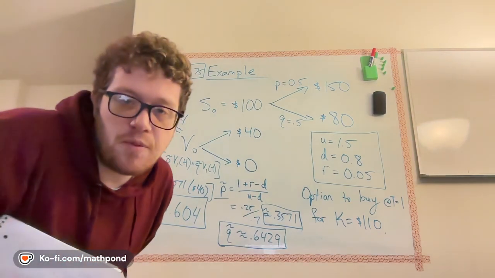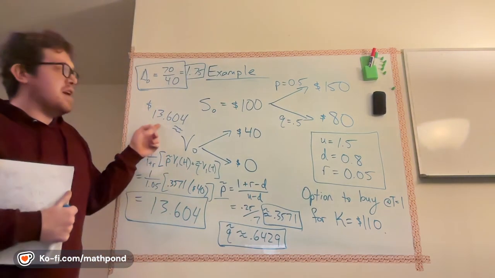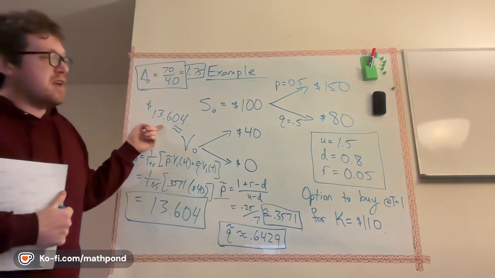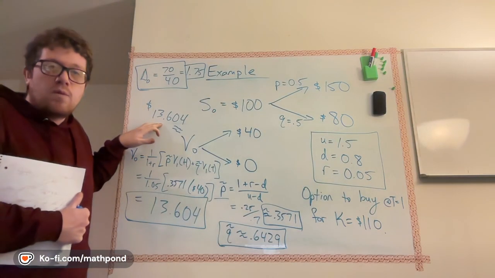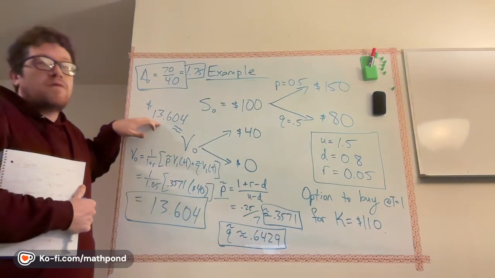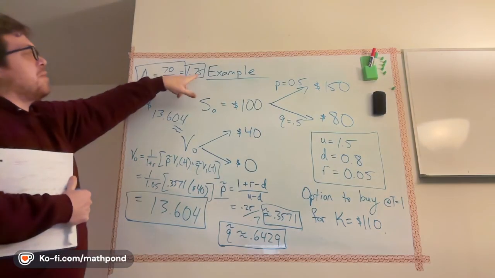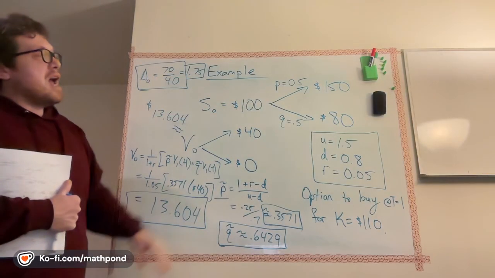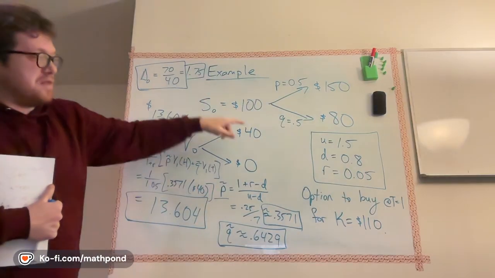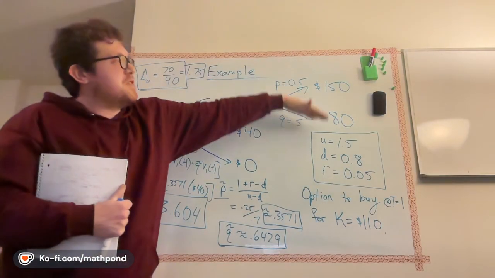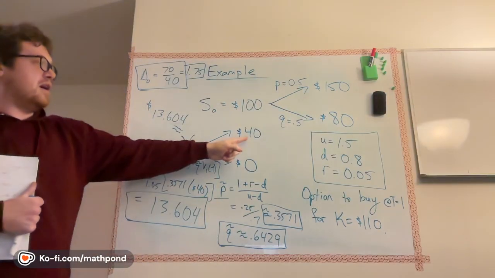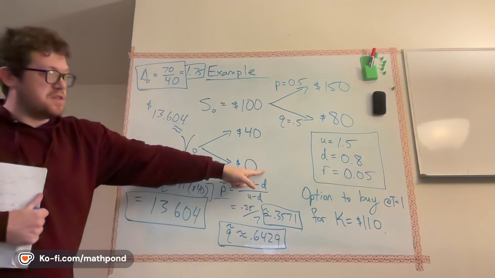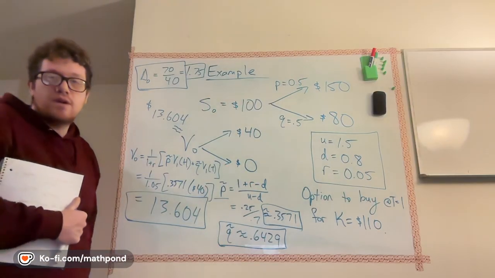Yeah, so 13.605 is the price of the option, and it's also the amount of money we would start out with in the replicating portfolio, which then we would borrow money and buy 1.75 shares of stock. And because of the way all of these numbers are computed, no matter what happens to the stock, we always end up with $40 at the end, or we end up with 0, depending on what happens.